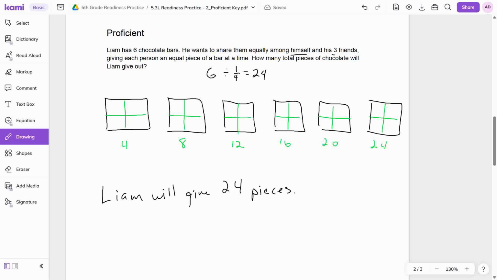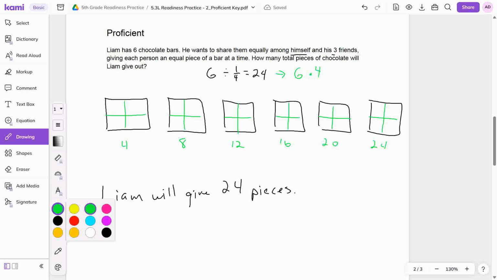Instead of dividing by a fraction, we are going to multiply by its inverse. So we're going to take the reciprocal of division, which is multiplication, and we're going to take the reciprocal of that 1/4, which is 4 over 1. You just flip it upside down. Now 4 over 1 is just 4 wholes, so really it's 6 times 4. So that gets you your 24.